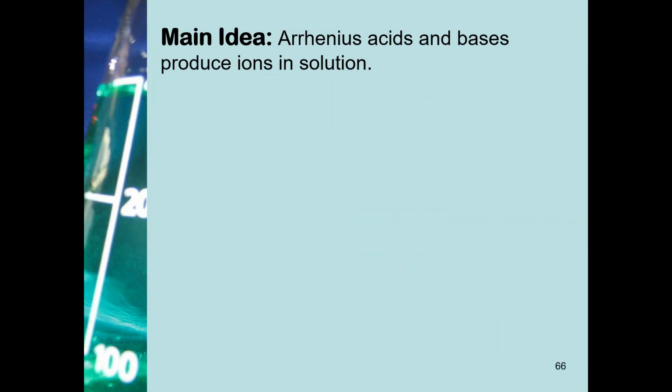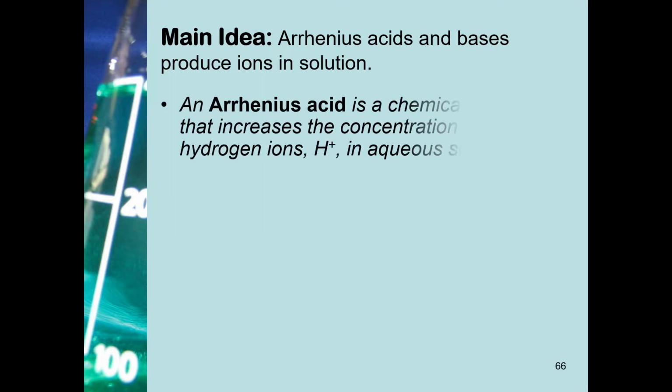Now we want to start going through a process of how we define what an acid is, and this is our first definition, so it will be matched closest with what we've studied so far. A guy by the name of Arrhenius defined acids and bases by the ions they produce in solution.